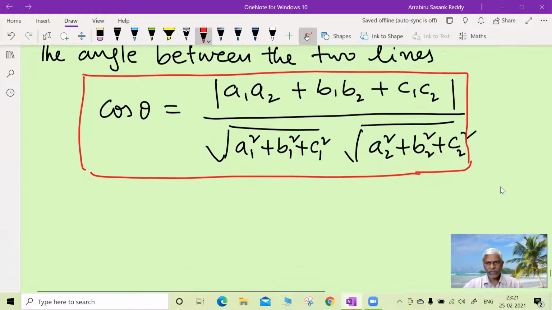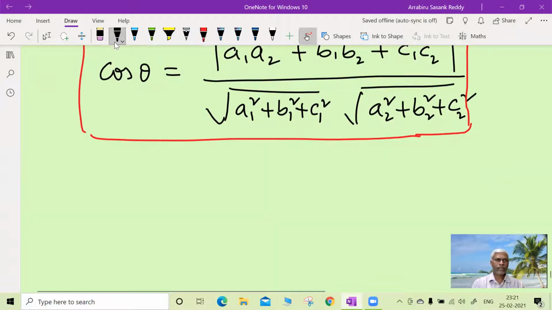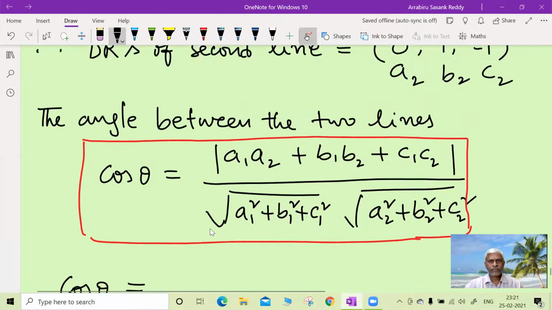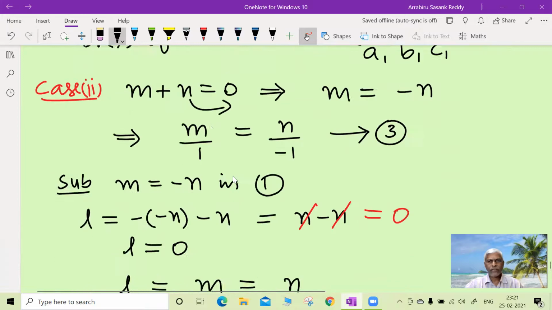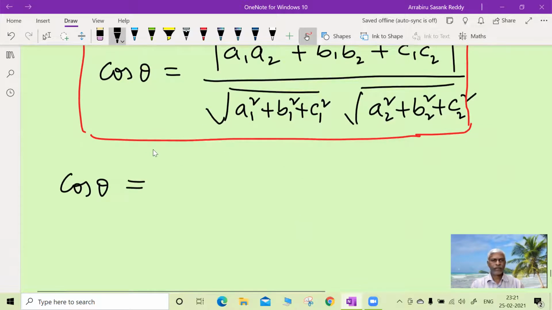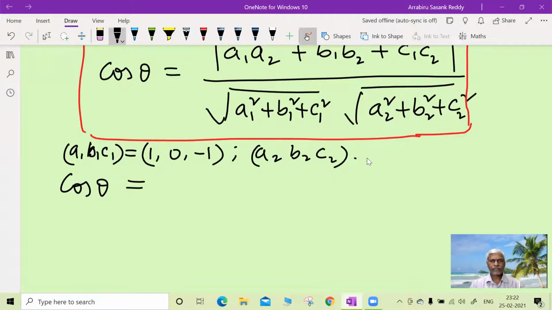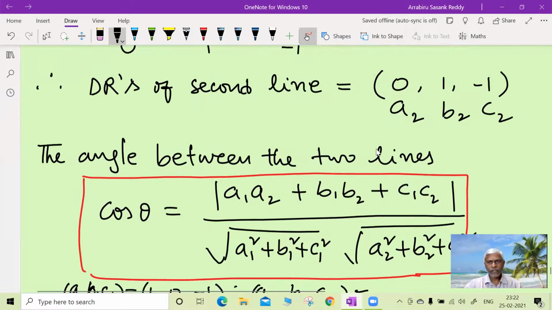Now substituting the values: A1, B1, C1 are 1, 0, minus 1, and A2, B2, C2 are 0, 1, minus 1.